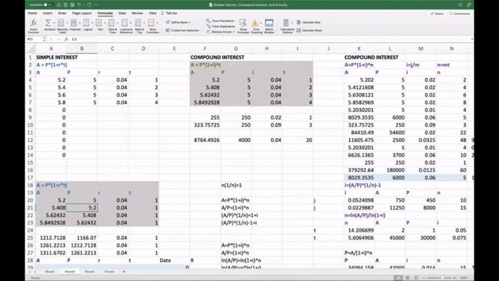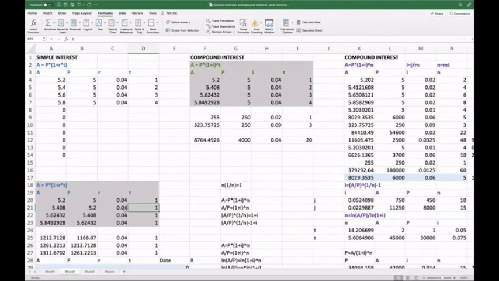It's increasing, whereas in simple interest, it's fixed. That's why the interest here is fixed. You notice always 0.2 plus 0.2 plus 0.2 plus 0.2. Unlike here, it's not 0.2, it's increasing. Even the interest is increasing. Why? Look at this. What is 0.04 times 5.2? What is 0.04 times 5.2 times 1? You use your calculator.